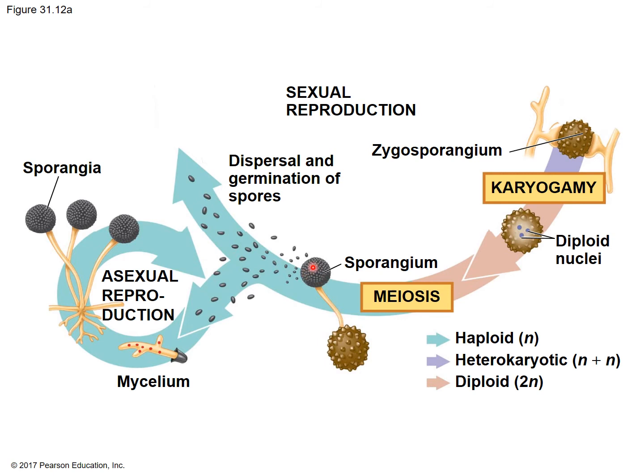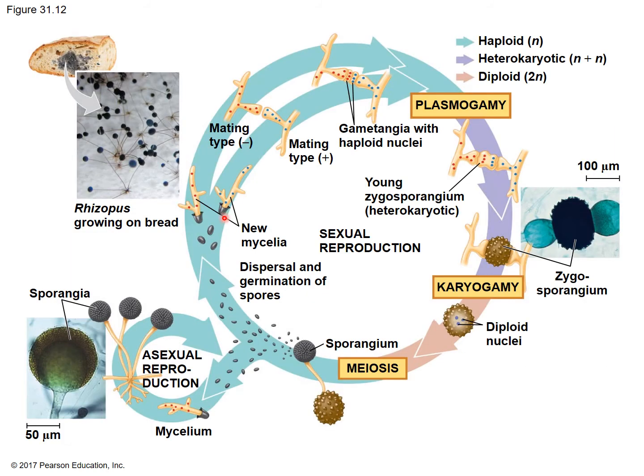So then this zygosporangium is going to develop these zygospores, which could undergo asexual reproduction, where the spores are just going to be released and then germinate and create more sporangium, and then continue that life cycle asexually. But these spores could also land somewhere, develop into hyphae, and then continue the sexual life cycle as I just described.